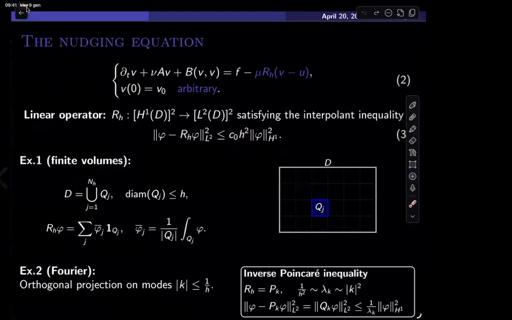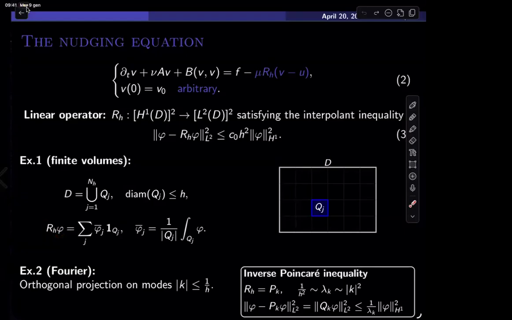The idea is that you have your domain D. You divide your domain into some squares Q_j such that the diameter of each Q_j is at most of length h. And so your domain D is the union of these pieces here. And how does this interpolant operator act on a function phi?